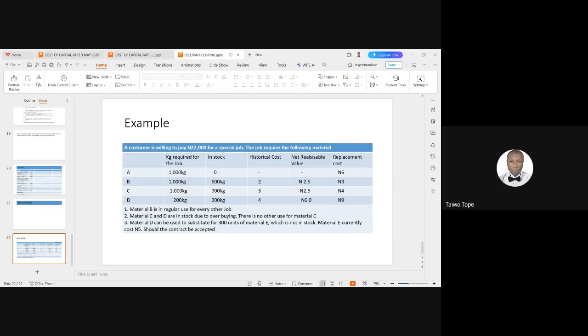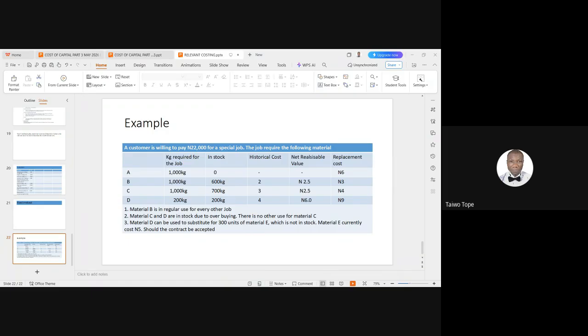So between 1,500 and 1,200, which is better? 1,500 is better, because instead of you going to spend 1,500 in the market, you won't go to the market to spend that 1,500.